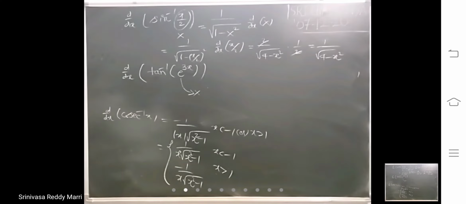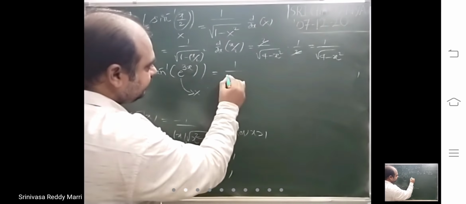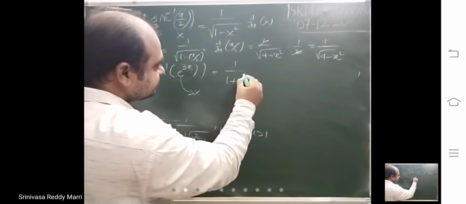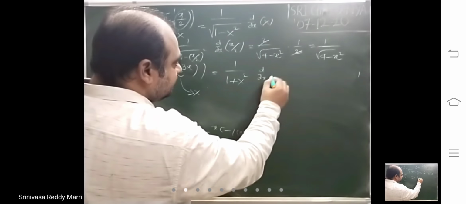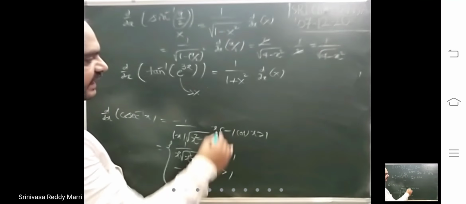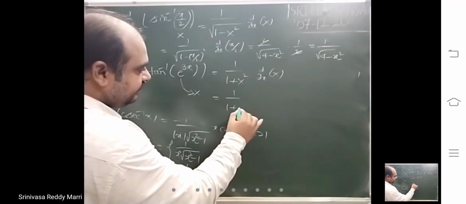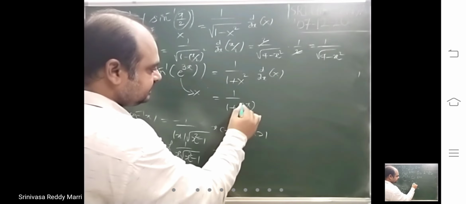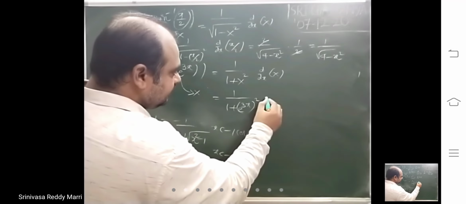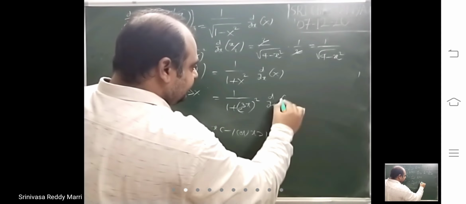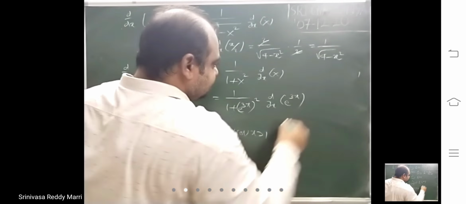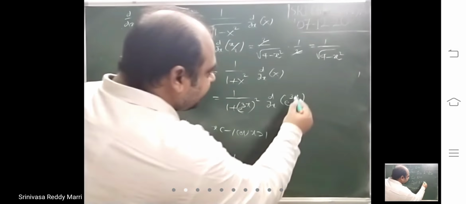Tan inverse capital X. What is the formula? 1 by 1 plus x square into, after writing the rule, d by dx of capital X. 1 by 1 plus e power 3x whole square into d by dx of e power 3x. So the e power x formula is there.